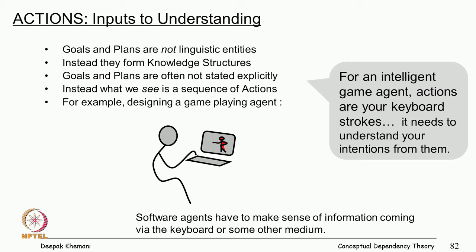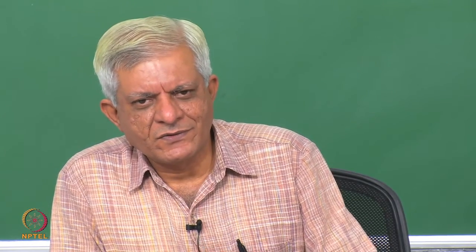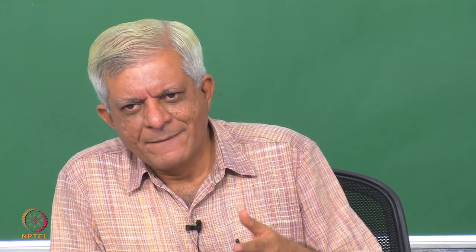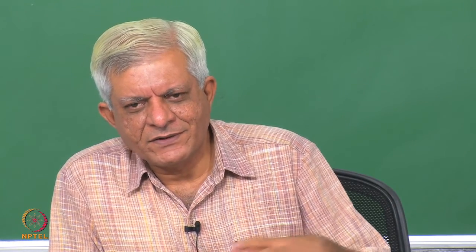So, if you are designing a game playing agent, your keyboard strokes are the only actions that the agent can see. From that, the agent has to figure out what you are trying to do essentially. So, of course, you may think that you are shooting a gun or something like that, but that is only in your head essentially.